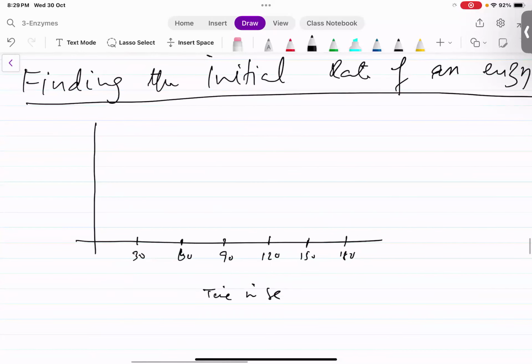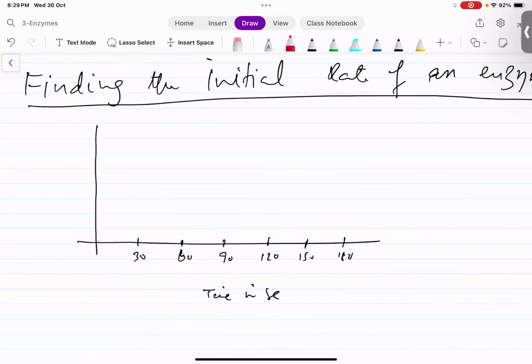And for example, this is the volume of O2 collected at some concentration. If we have to find the initial rate, we draw a tangent on this curve. The tangent is a straight line drawn with the help of a ruler, which touches at one point, maybe at this point. Okay, so with the help of a ruler, we draw a straight line.